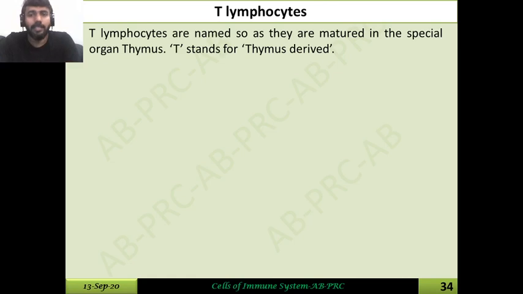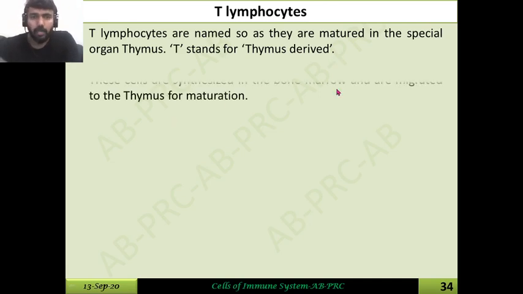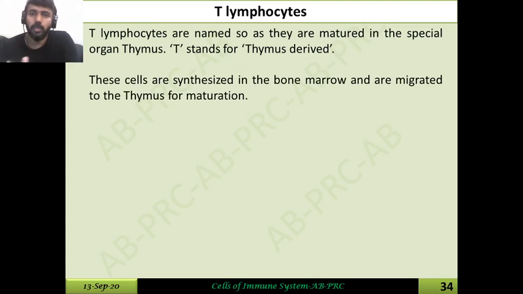So the thymus is a specialized organ for the development of these T cells, right? So the T stands for thymus derived, that is the importance of the thymus. The thymus plays a very central, very crucial, very vital role in the development of T cells, right?